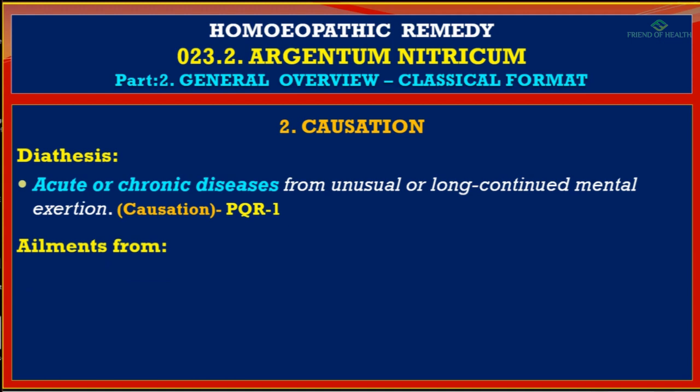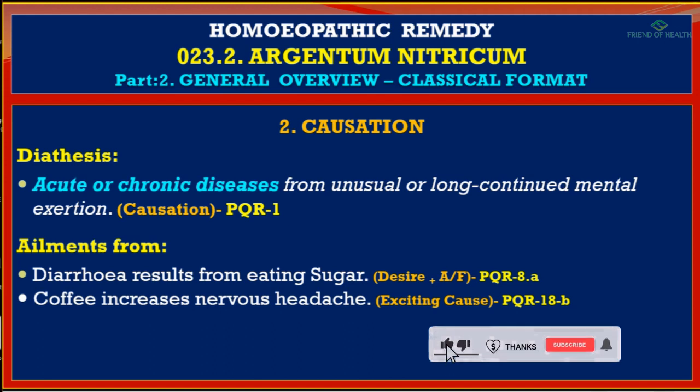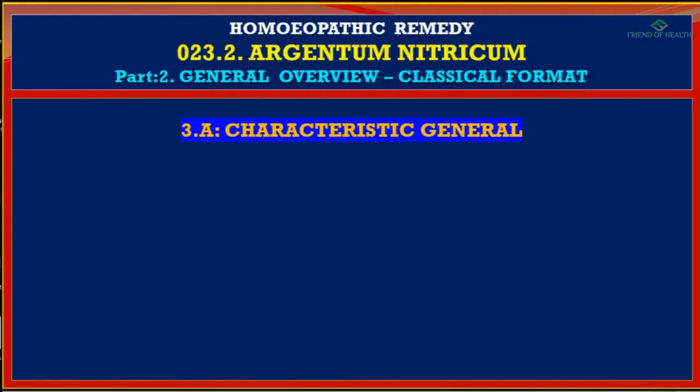Now, for acute elements: diarrhea resulting from eating sugar, coffee increases nervous headache, voice complaints after using tobacco. We have PQR 18.